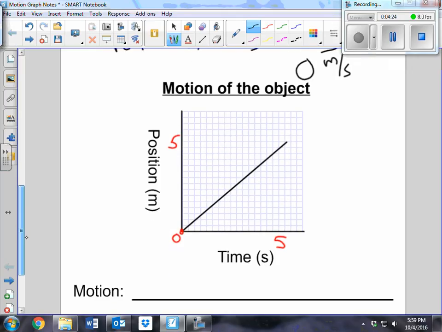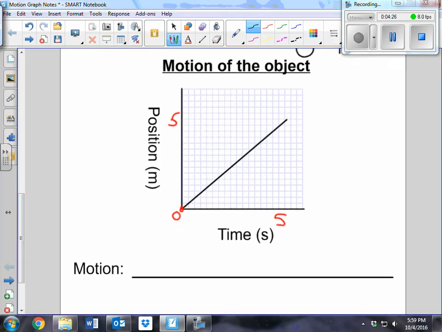So let's scoot down. So now we have the motion of the object, and it doesn't look like it's standing still. It's not a flat line. In math, you say that this is a constant slope, which means that any point on that line is going to be one value. So the motion would be constant velocity. And you might say, Mr. Hunter, why is it not speed?